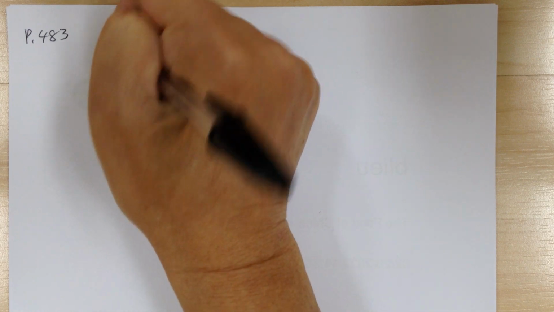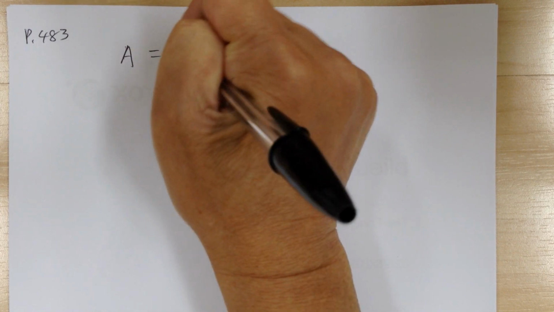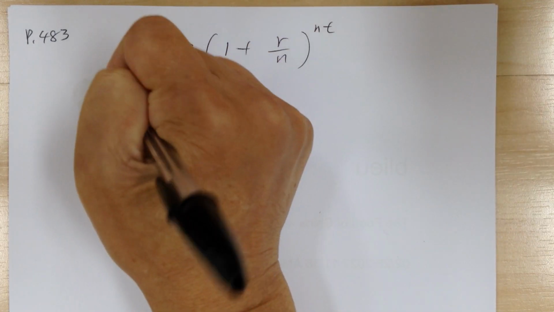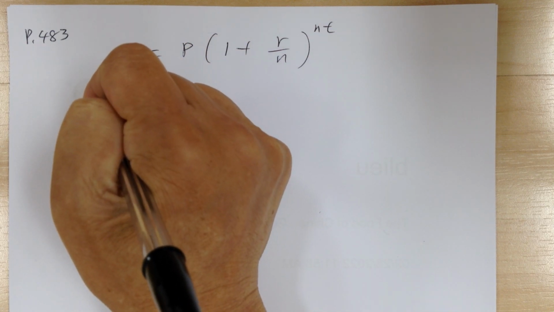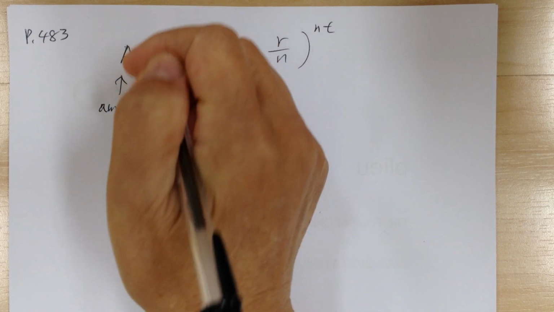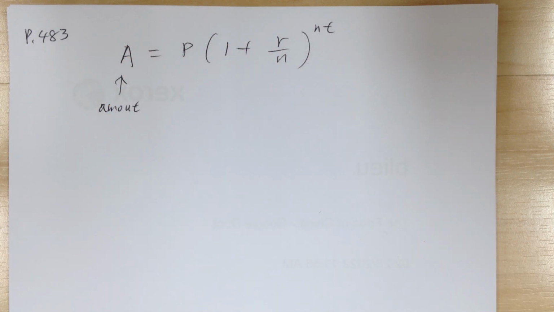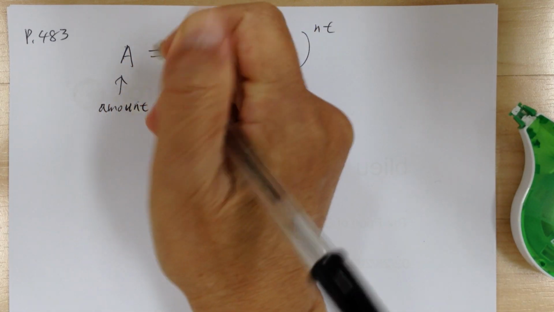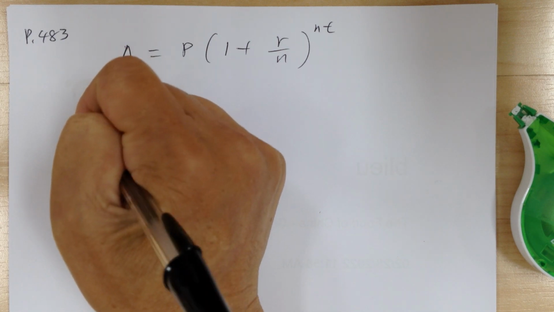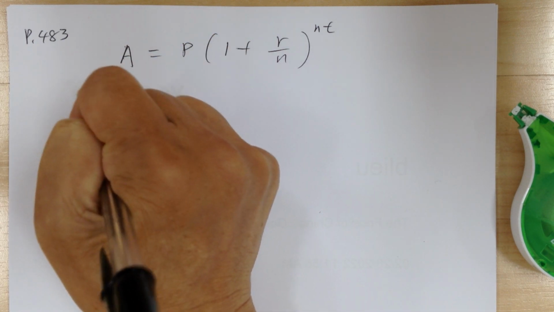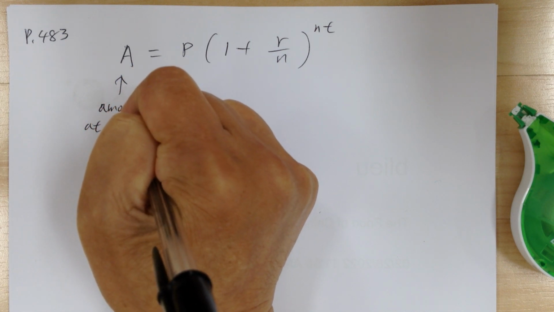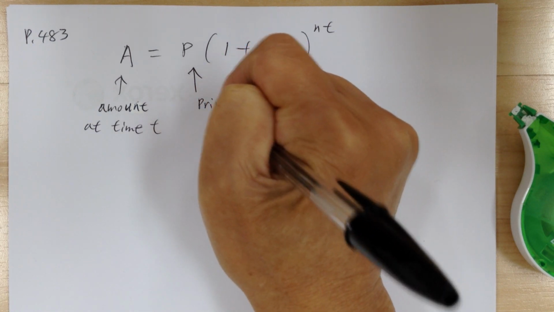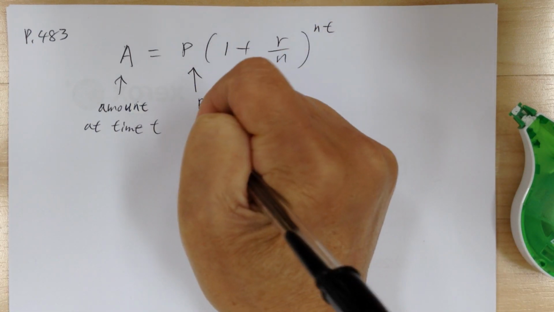So on page 43, the compound interest formula is A equal to P times (1 plus r over n) to the nt. So A is the amount of money. This is the amount after a certain time. P is the principal, so this is the initial amount.